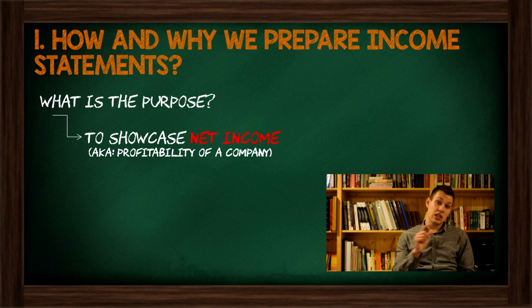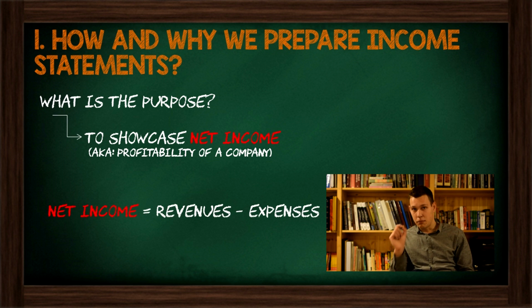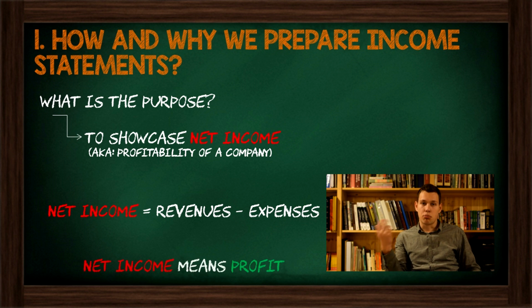Net income equals revenues minus expenses. You basically take all the money you've made throughout the year from your company, all your revenue, and subtract from it everything you've spent in order to make that money, so all your expenses. And that gives you net income.